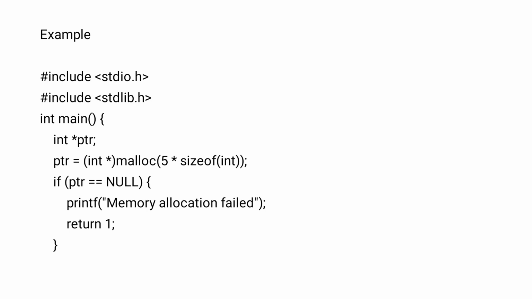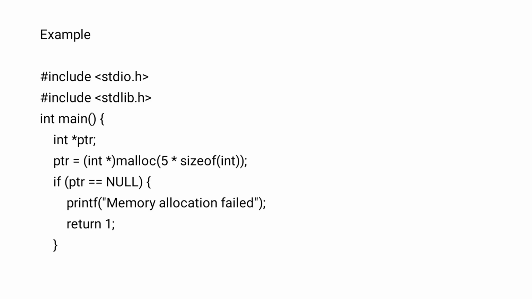When we are using a 64-bit processor, for a single integer location 4 bytes will be allocated. Here we are allocating for 5 elements, so totally 5 into 4, 20 bytes will be allocated. And next we are checking if there is no space for my pointer variable.